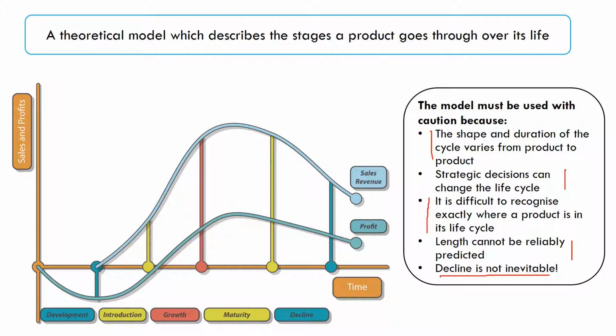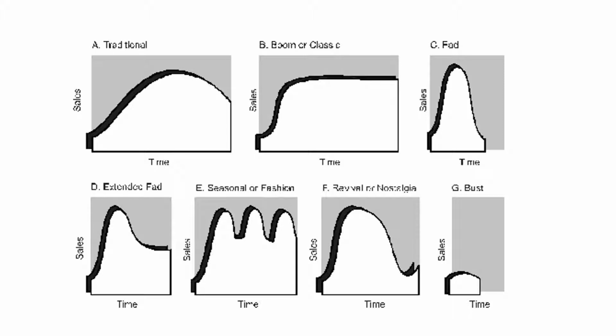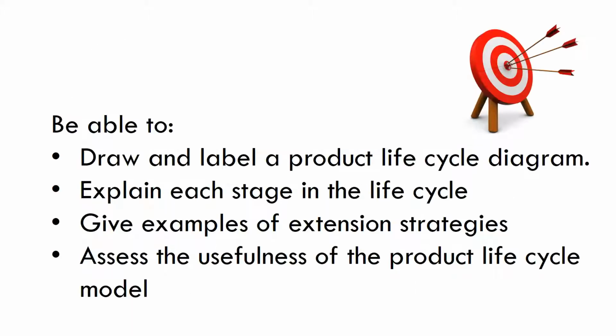Has Coca-Cola entered decline? You might argue probably not. So a problem is that a product life cycle might look different for different types of product. Here we can see quite a faddish product that's over quite quickly. Here maybe something like Coca-Cola, a classic product, we have quite a long maturity period. So there are some issues with this model as well.